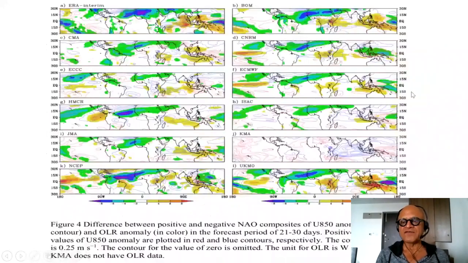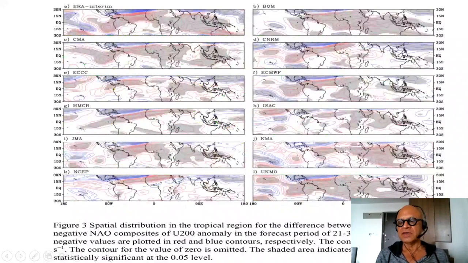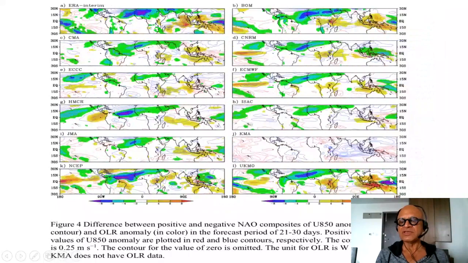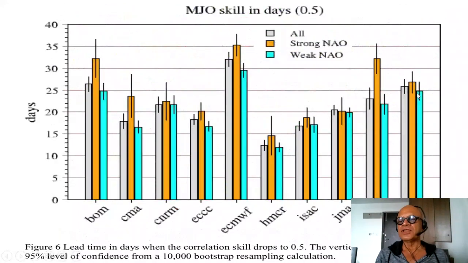So UK Met Office here is doing a reasonable job in the convection response and the upper and lower level dynamic response, but it doesn't seem to care about the strength of the NAO in its forecast skill.